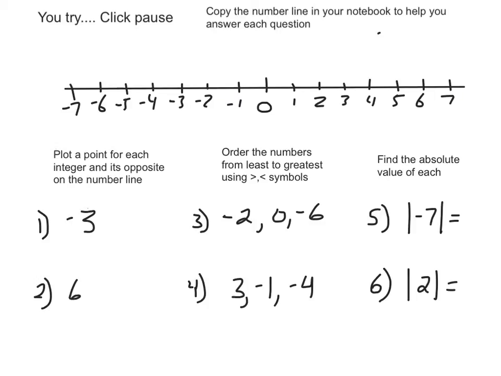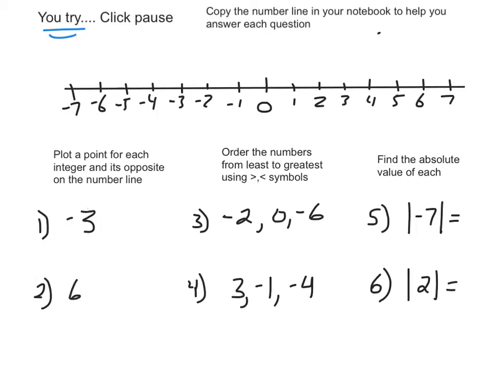Okay, now it's your turn. You try. Click pause. Copy the number line in your notebook, because that'll probably help you answer each question. So draw a quick line and tick marks and set up your number line like mine from -7 to +7. And as you try numbers 1 through 6, use the number line to help you be very confident about your answer. First, numbers 1 and 2, plot a point for each integer and its opposite on the number line.